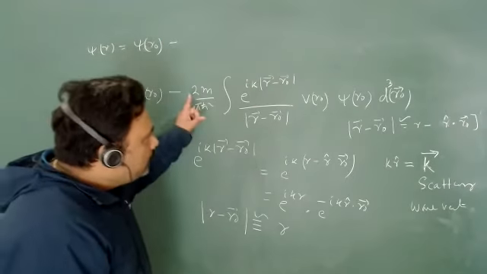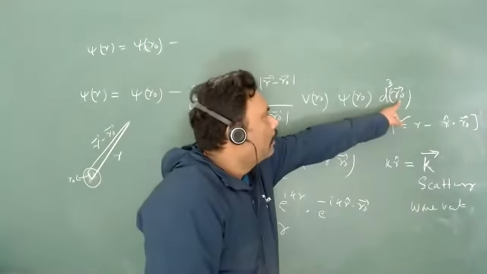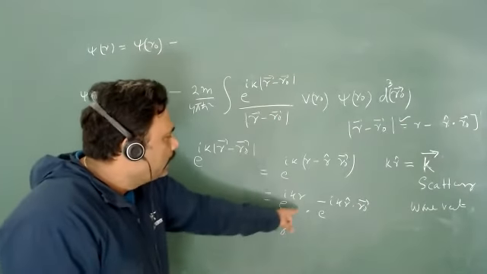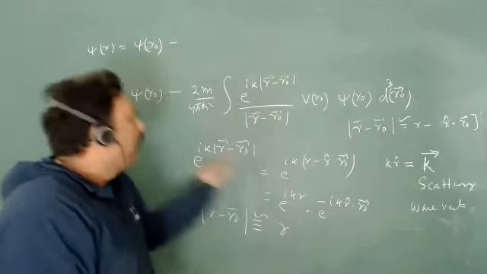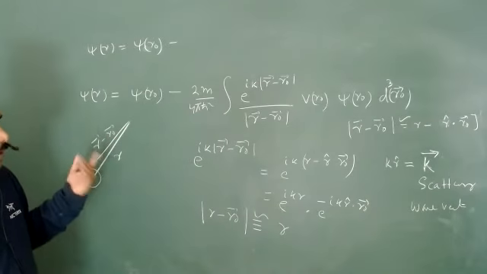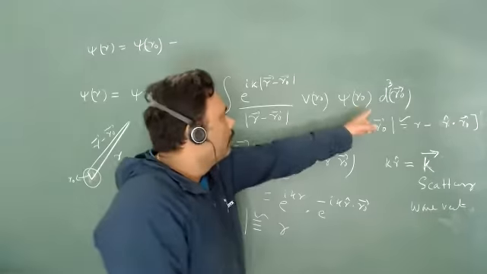Now look, this integration is only over r naught, so I can take the part e to the power i k r by r outside this integration, isn't it? Because this integration is only for r naught.